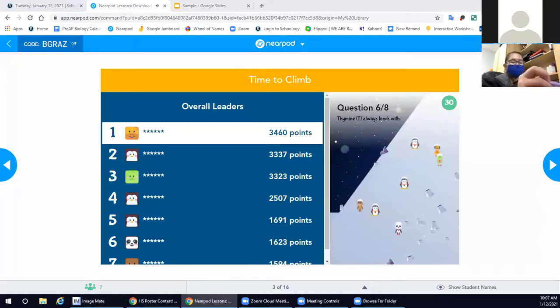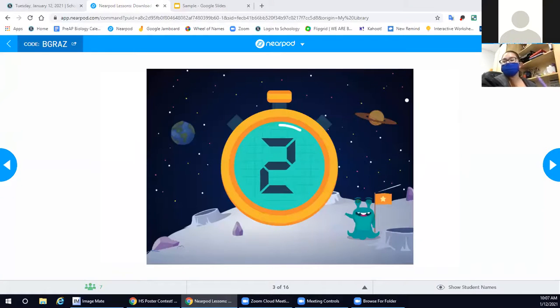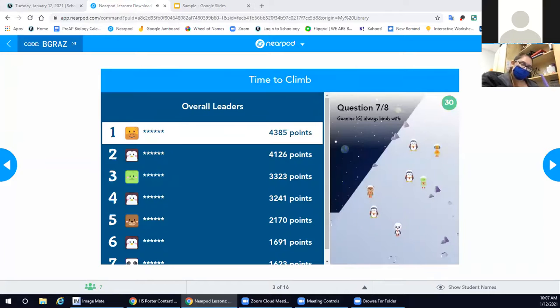What does thymine always bind with? That is with adenine. Next question. What does guanine always bind with? Good job, guys.